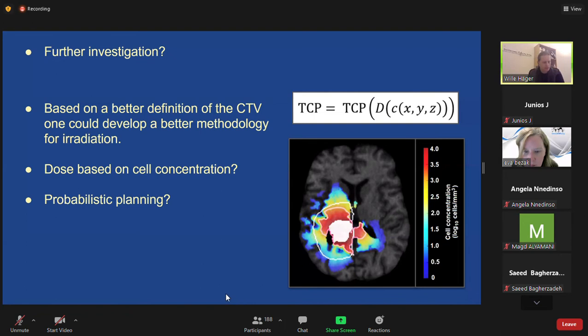It's perhaps easier said than done as well, because there hasn't really been many tools for this so far. But it seems that today, especially, we have more and more tools to be able to not only segment the tissue easier, but also to do these algorithms which can actually give this CTV this kind of shape. But it's something that we need some actual experimental results before I think we actually do.